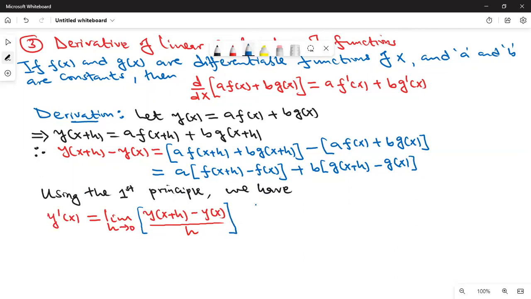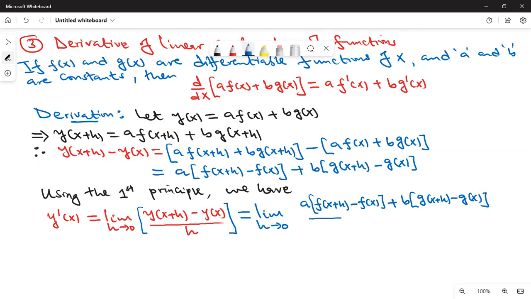And we know the numerator, so this we can as well write as the limit as h approaches 0. Our numerator, we got a times f of x plus h minus f of x, that one. Then we also got here plus b times g of x plus h minus g of x.